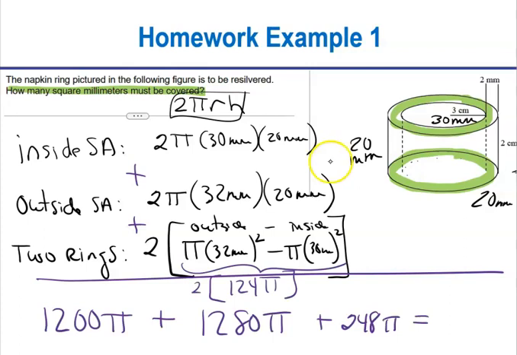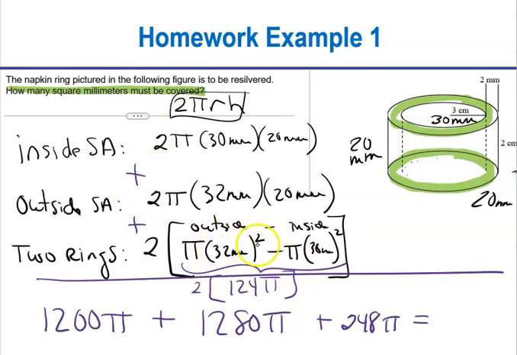All right, so the inside I wrote first at the bottom here. So 2 times 30 times 20 gives you 1,200, and I just carry the pi along. Okay, that is millimeters squared, by the way. I'm saving that for the end. And then 32 times 20 times 2 is 1,280. Make sure that seems reasonable. This one is more than this one and should be, because the outside's bigger than the inside, right? And then I went ahead and calculated this.